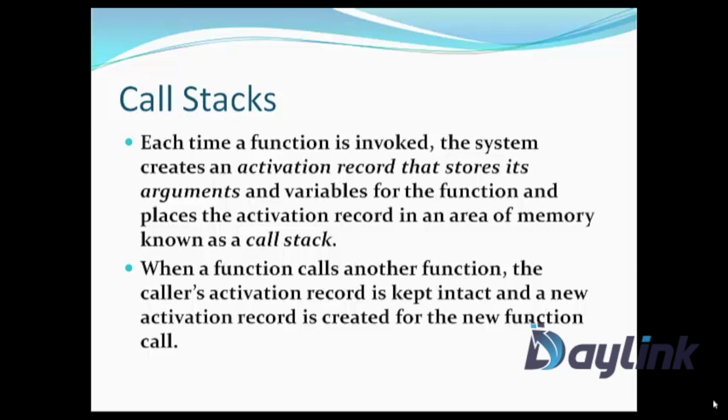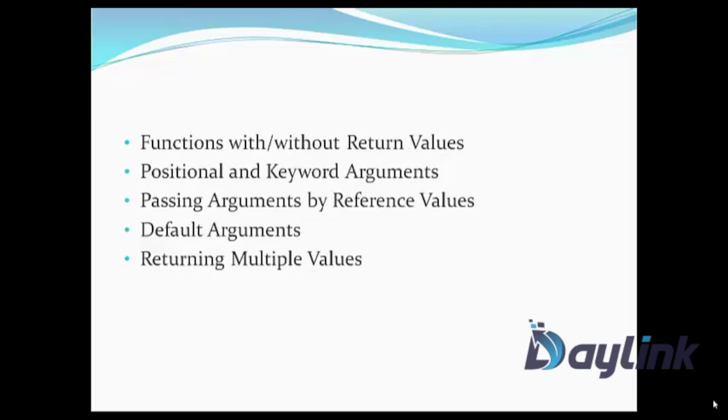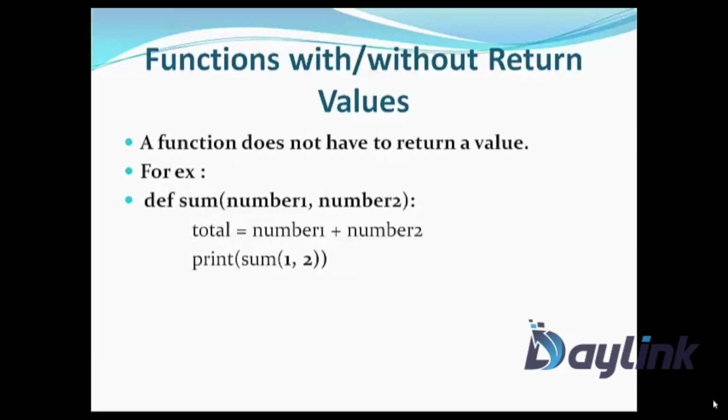Now we see the different types of functions. There are functions without return values, positional and keyword arguments, passing arguments by reference value, default arguments, and returning multiple values. Now we see functions with and without return values. A function does not have to return a value.